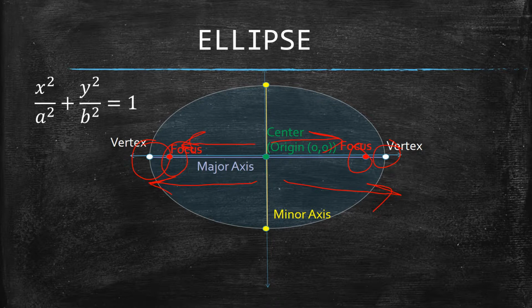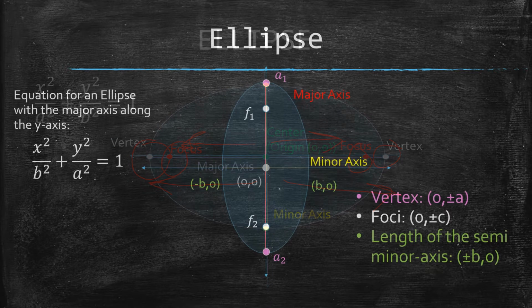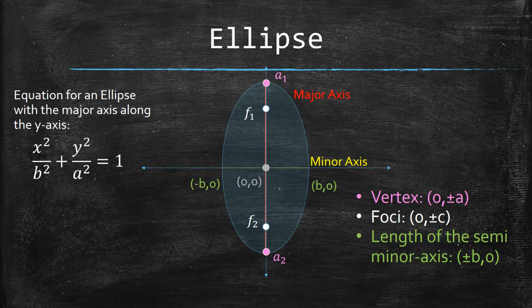An ellipse with center 0, 0 and a major axis along the x-axis is represented by the formula x squared over a squared plus y squared over b squared equals 1. An ellipse can also be vertical with a major axis along the y-axis, and this is represented by the equation x squared over b squared plus y squared over a squared equals 1.